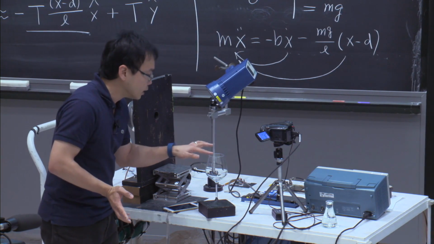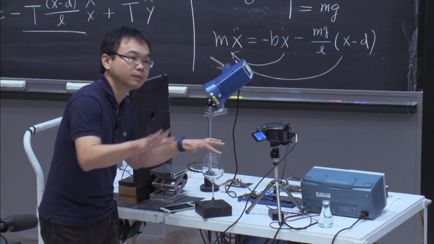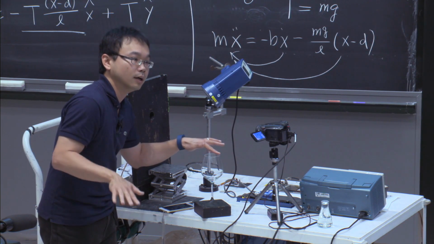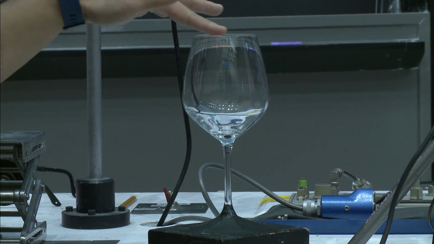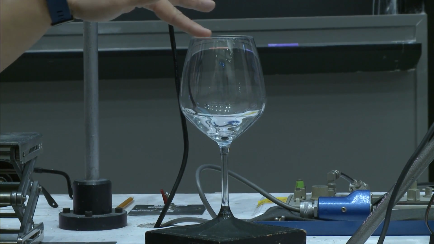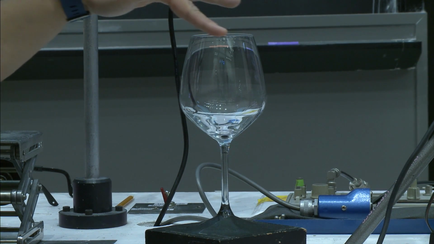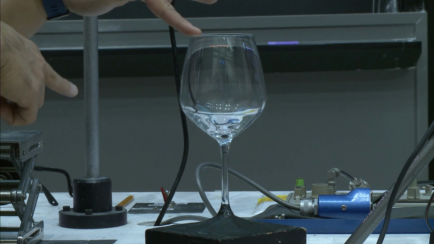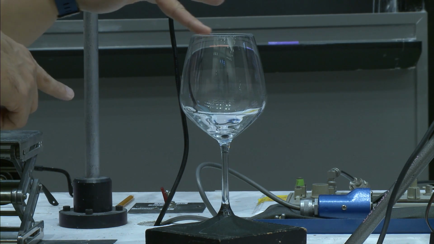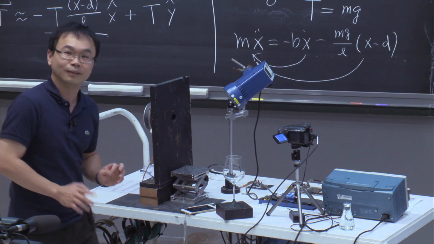When I am rubbing it, I am giving input of all kinds of different frequencies. But the glass is smart enough that it will pick up the one it likes the most, which is the resonance frequency. So you can see that the sound is roughly 683 hertz, okay? And you can measure it with your phone, right?